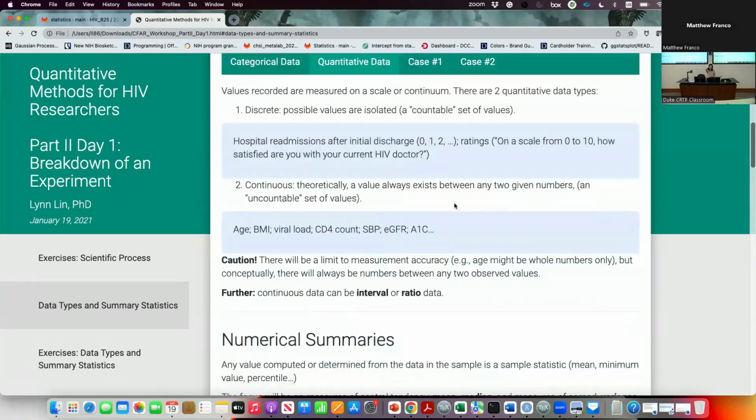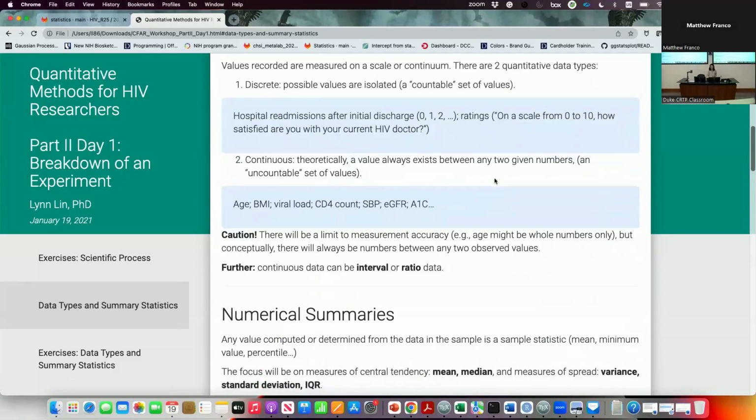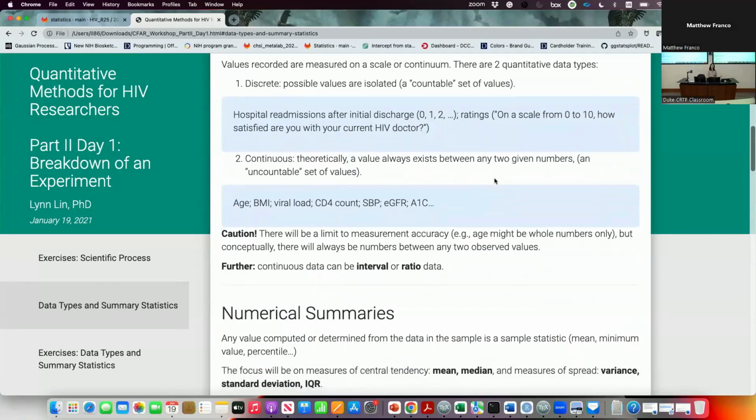Okay, so among the quantitative, there are at least two types. Discrete, that is, it's countable, like integers: 0, 1, 2, 3, 4, 5, etc. And the continuous: theoretically, you can think of 1.1, 1.2, etc. The common example for the continuous is age.